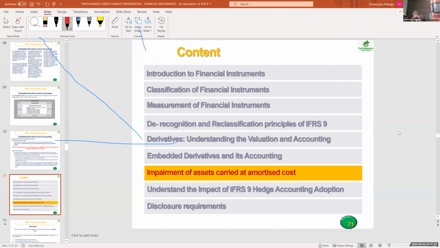Now, we get to a much more crucial or critical aspect of financial instruments, especially under IFRS 9, impairment. Now, I believe we are familiar with impairment under IAS 36. How does that differ from impairment under IFRS 9? IAS 36 deals with impairment of all other assets other than a financial instrument, which means it deals majorly with impairment of a non-current asset.